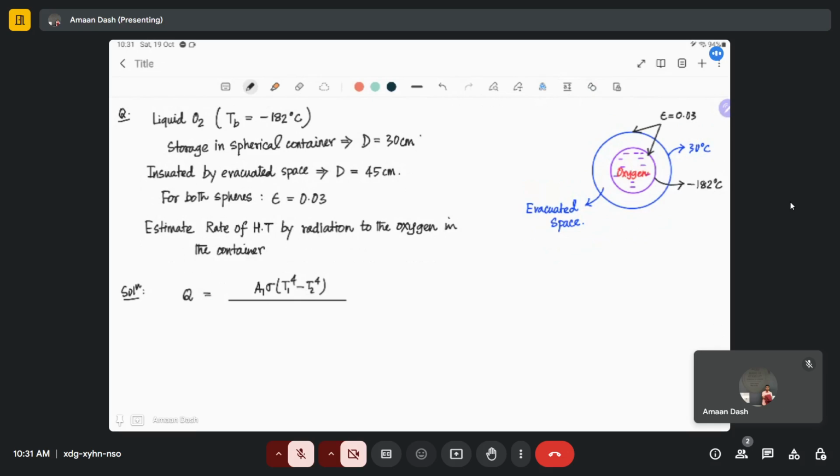Now divided by, we have to add all the resistive components.